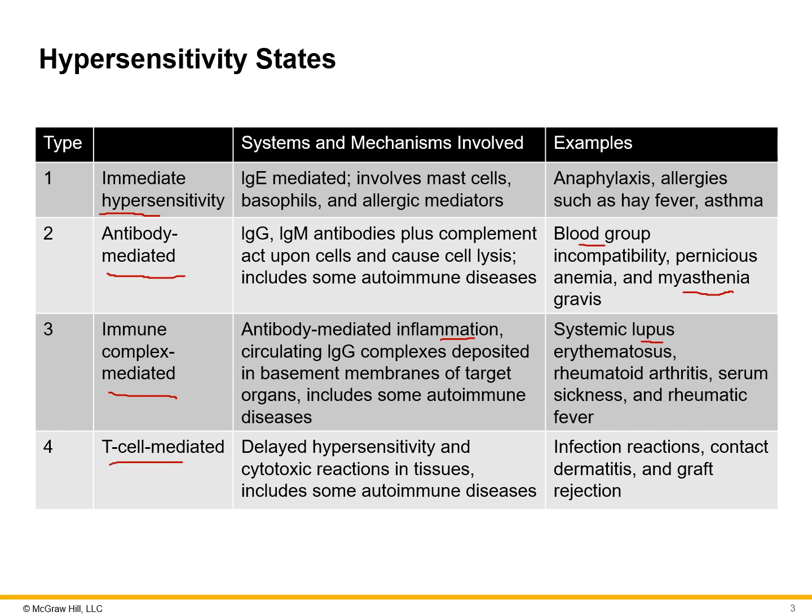And then again, the last one, the T cell mediated, this is those cytotoxic T cells that are getting activated, and those are being overproduced and killing cells that really don't have a dangerous antigen. Again, poison ivy, or a graft, a tissue rejection, where we're trying to help the person, but it looks foreign, it looks like it doesn't belong, so the immune system is attacking it.